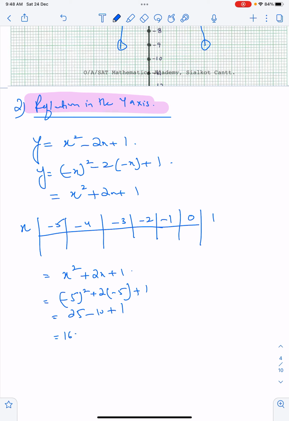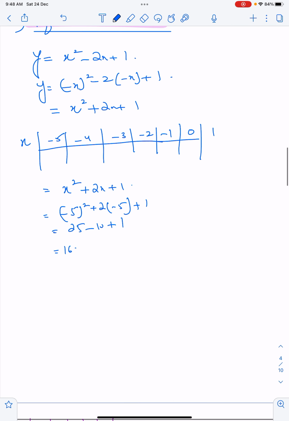So with negative 5, it's going up to 16. Negative 4, it's going up to negative 4 squared plus 2 into negative 4 plus 1, 16 minus 8 plus 1, which is 9.